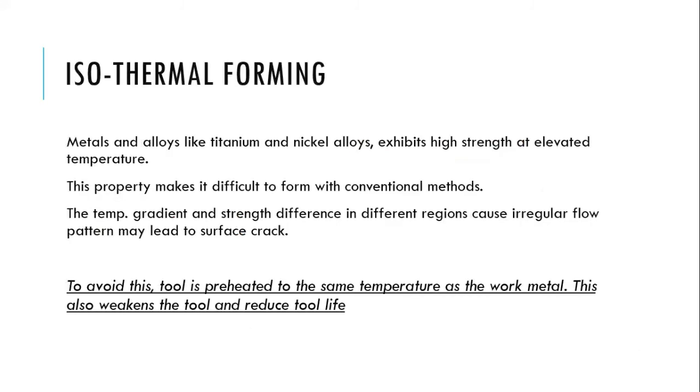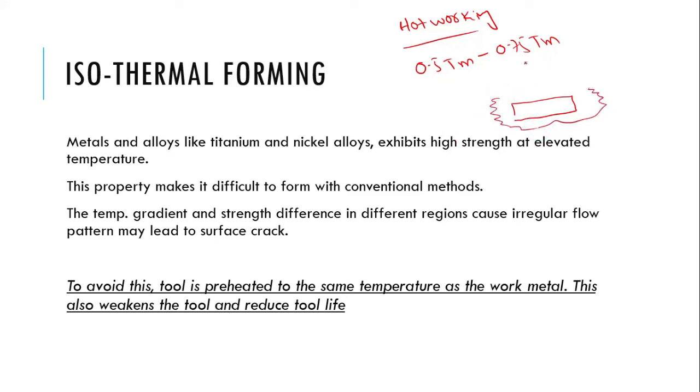Now there is another thing called isothermal forming. We have discussed hot working in the metal forming processes. What was hot working? In which we heat the specimen from 50% of its melting point to 75% of its melting point. So let's suppose this is my tool, and the material is really hot and undergoing the rolling operation.